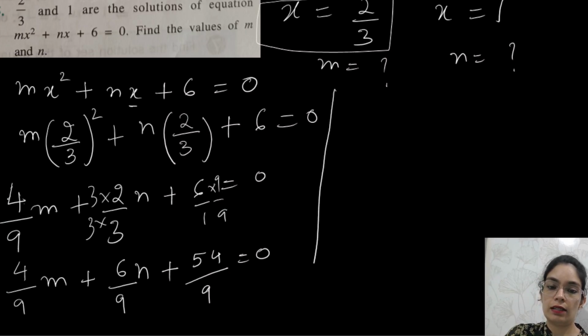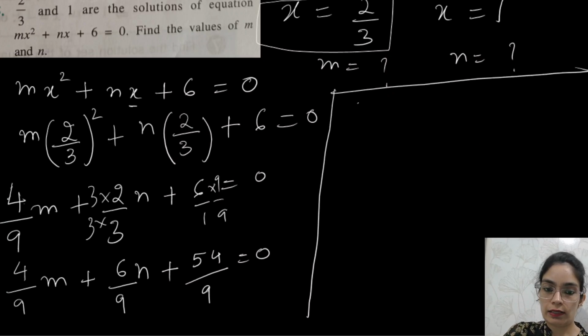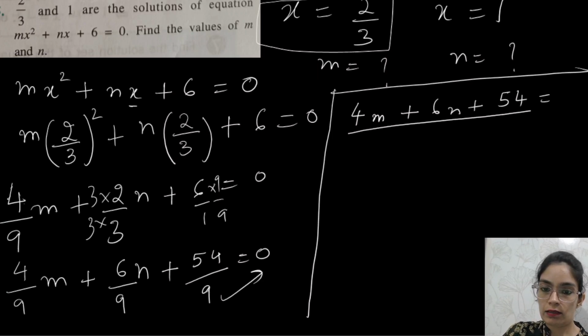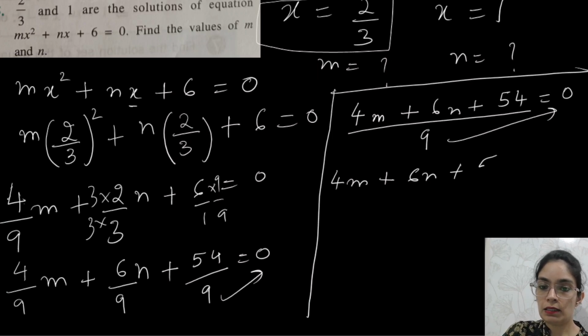So 9 is the common denominator, that I will just shift to the other side. See, I got 4m plus 6n plus 54 is equal to 0. When there is a 9, I'll do one extra step. By 9 I'll write and 0. This 9, when I shift to the other side, 4m plus 6n plus 54 is equal to 0 into 9.